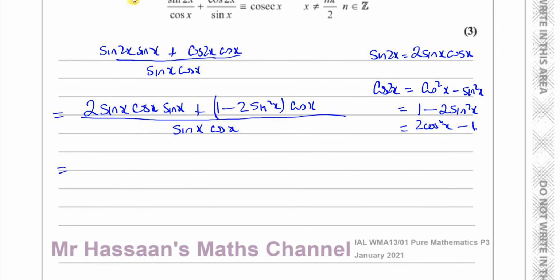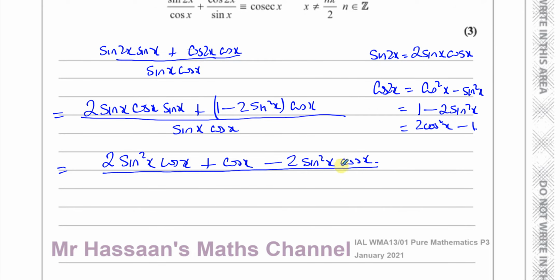So as I said, this one, if I just simplify that, that's 2 sine squared x cosine x, and this is going to be plus cosine x minus 2 sine squared x cosine x, and I think that worked, didn't it? I can see the way now, because then I've got sine x times cosine x underneath.